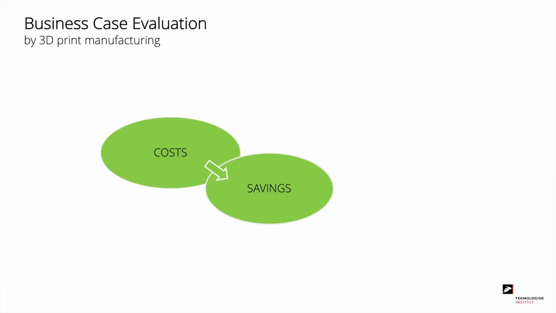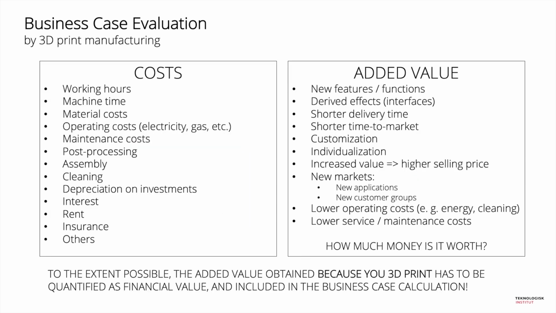So in addition to costs and savings, you need to take into account the added value. To be a bit more specific, we here show some examples of what the cost contributions may be and what the added value elements may be. To the left you see the cost contributions, the well-known ones from normal calculations, and to the right examples of added value.